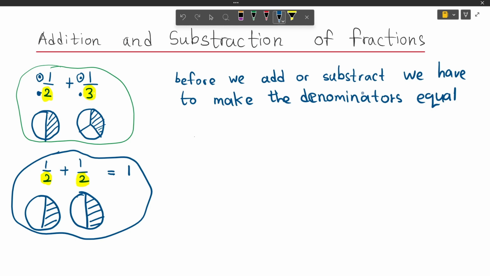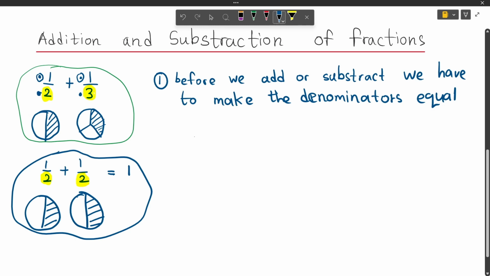So we have to do that first. In order to do that, we have to do some special thing. What is that? What's the special thing that we have to do in order to make the denominators equal?